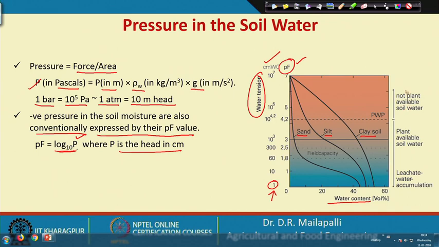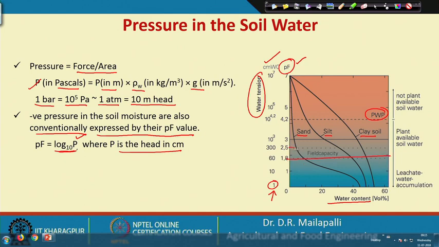The other thing is available water. If you remember correctly, the pressure at the permanent wilting point is 10 power 4.2, something like 10 power 4, or 10,000 atmosphere onwards, where the plants start wilting. The next one is the field capacity level.